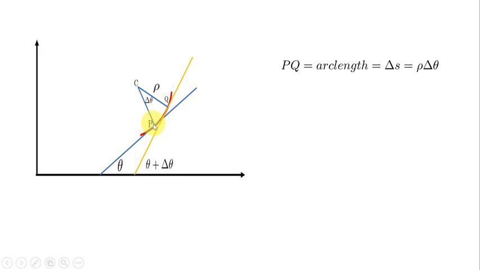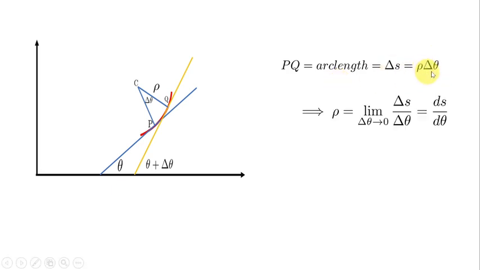If PQ is part of a circle, then PQ is called the arc length, which we call delta S. From basic geometry which you have studied in school, delta S is equal to rho delta theta, which is analogous to the equation S equals r theta, provided theta is measured in radians.